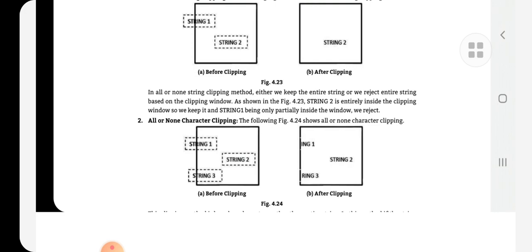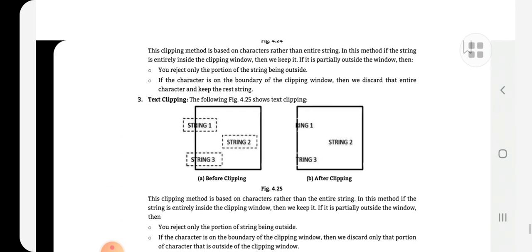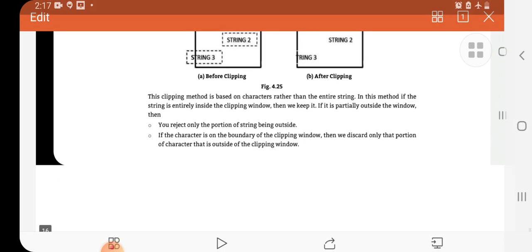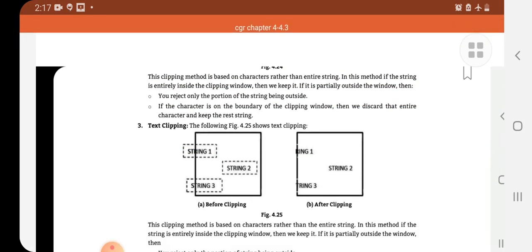The second is all or none character clipping. Before clipping, string 1 and string 3 are inside and outside of the window, and after clipping some characters of string 1 and some characters of string 3 are shown in figure B. This clipping method is based on the characters rather than the entire strings.